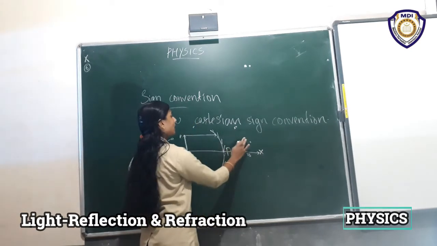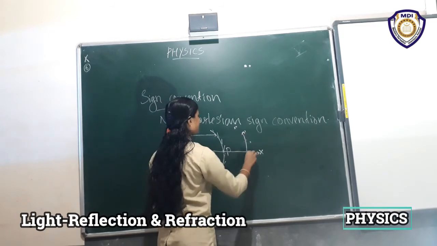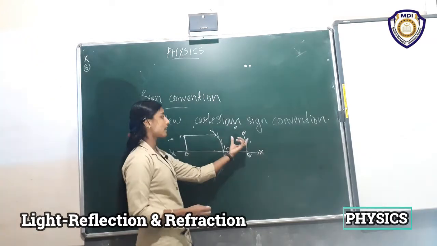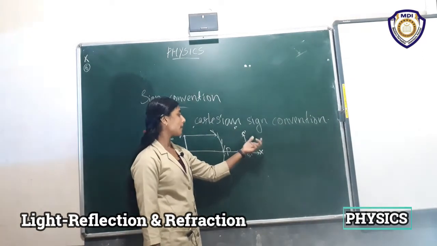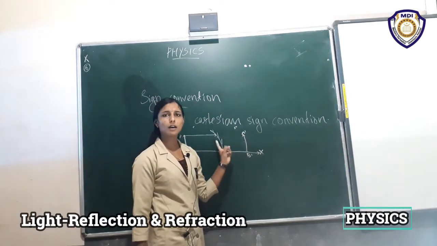Suppose here is an image, A dash B dash. Suppose this object has a virtual image behind the mirror, right?